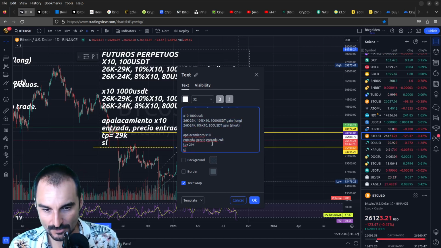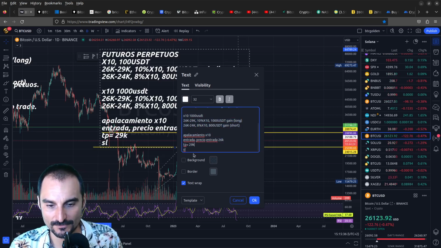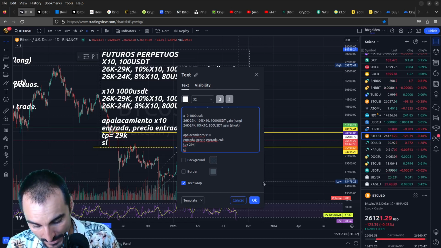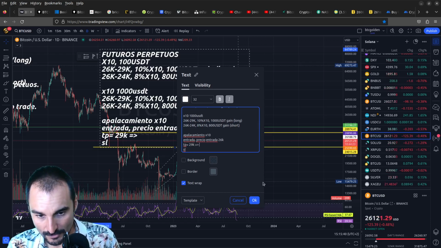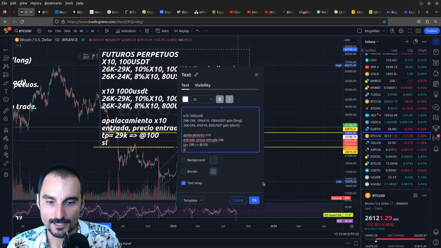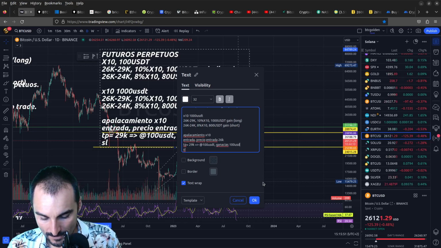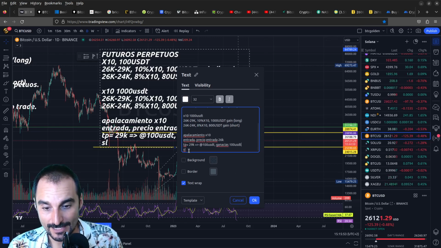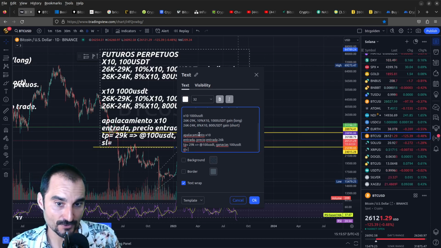In this case, we're going to assume it's a long and we want to take profit at 29,000, which, if we enter with $100, would give us a profit of $100. In the event that the price goes against us, if it drops 10%, we would lose everything. But the stop loss is used for that.